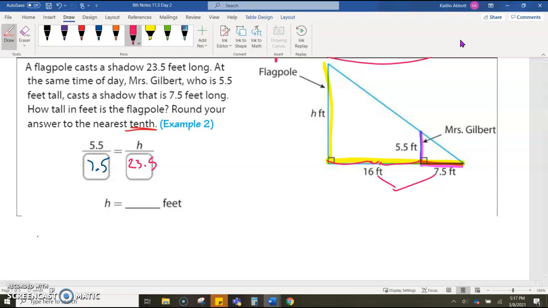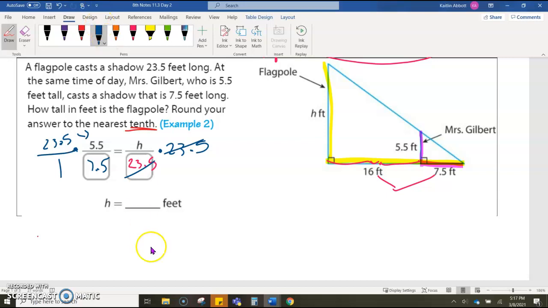All right. Now we need to get h by itself. We got to multiply because remember fractions mean division. So we're going to do the opposite of that. And so we're going to multiply both sides by 23.5. That means these go away. Now when you do this, you're just multiplying the top numbers because remember there's a 1 under here and we're just going to multiply straight across.